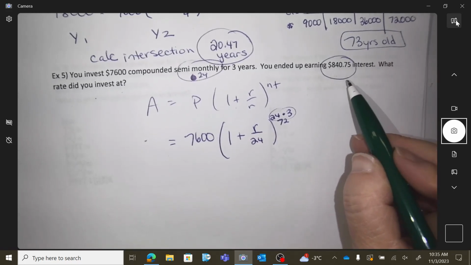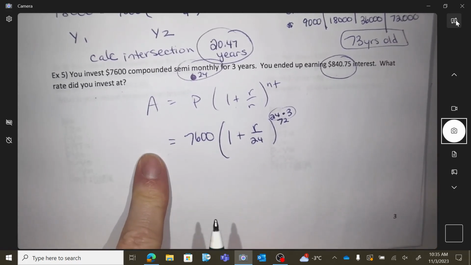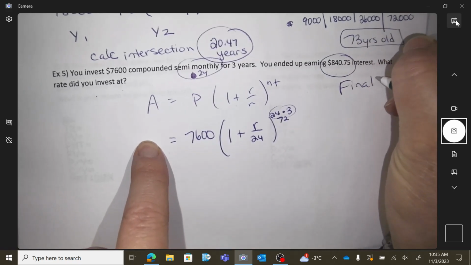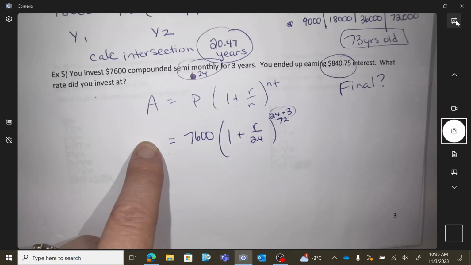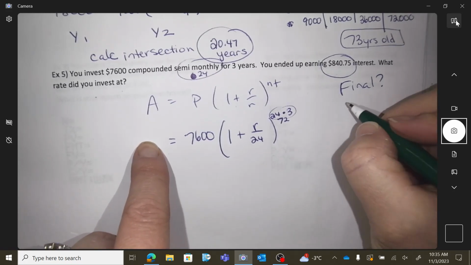Okay, you got this much interest, but there's no spot for interest here. This is final. So can I use the interest to figure out my final bank account? What's your bank account going to be?